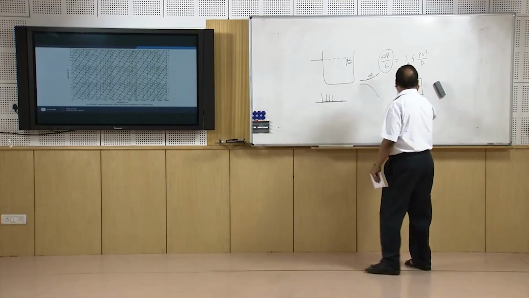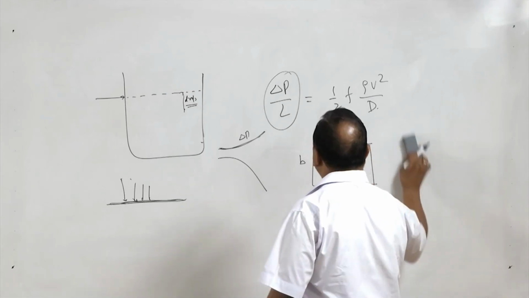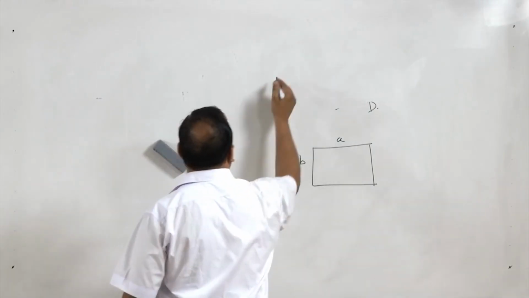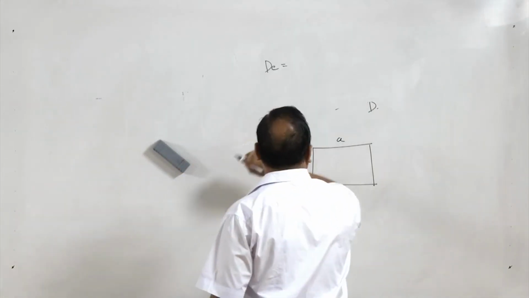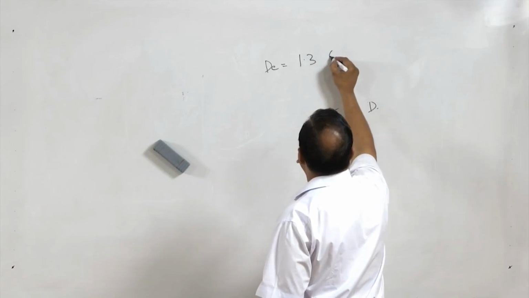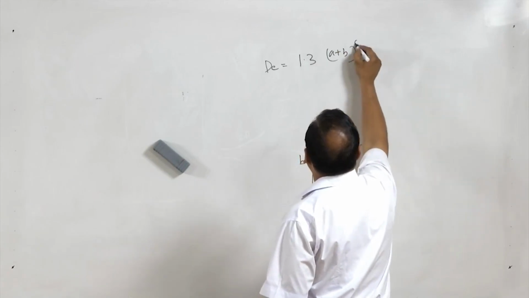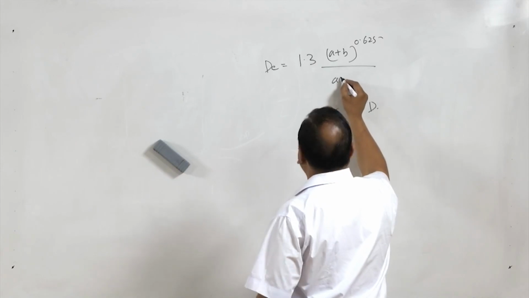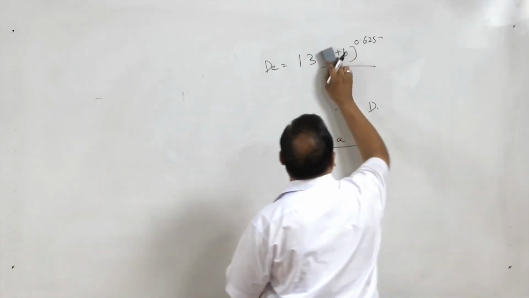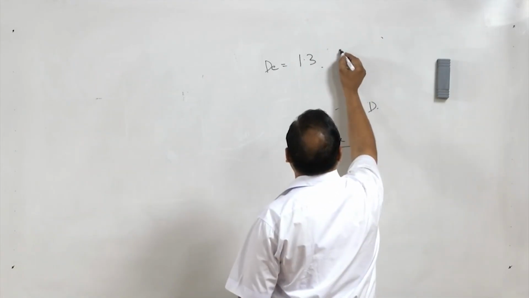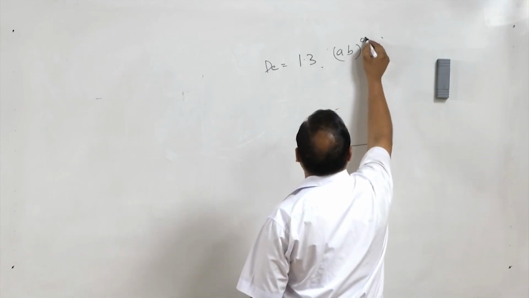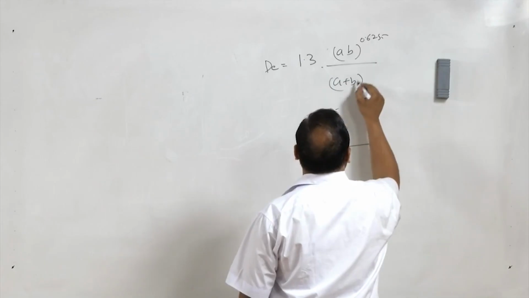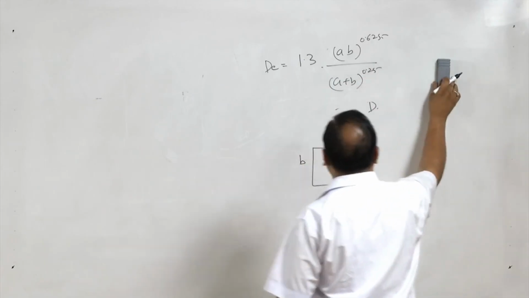Suppose this side is A and this side is B. So for a rectangular duct, the equivalent diameter is going to be 1.3 times AB raised to power 0.625 divided by A plus B raised to power 0.25.